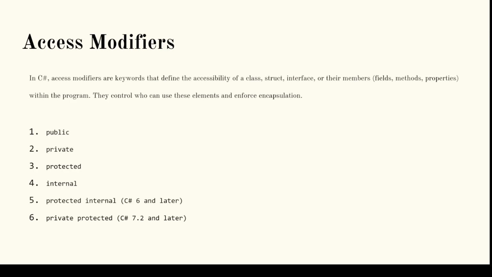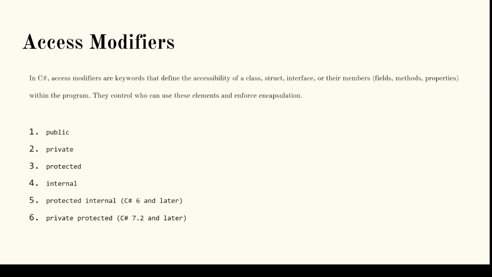Now let's understand the protected access modifier also. If we have marked something as protected, then those fields or members are accessible from the containing class and any class that is inheriting from it. So if I have marked anything as protected in my parent class, then only the child classes which are inheriting that parent class can access it.